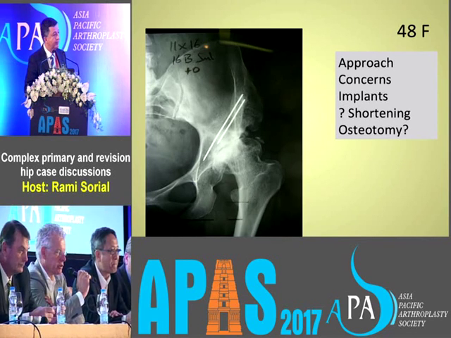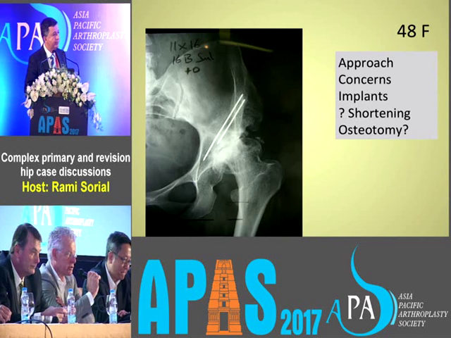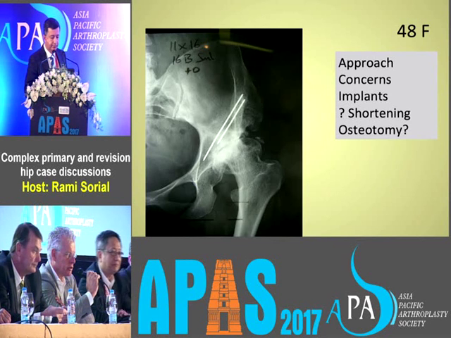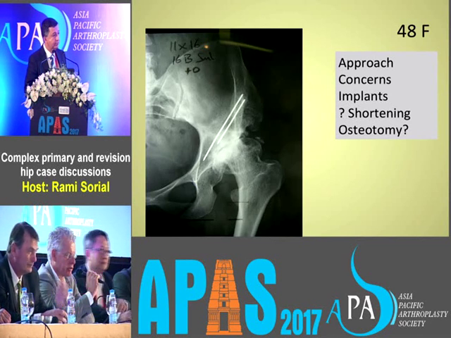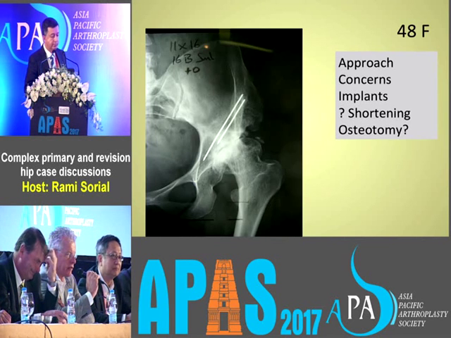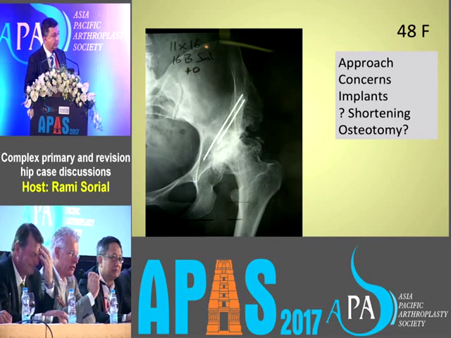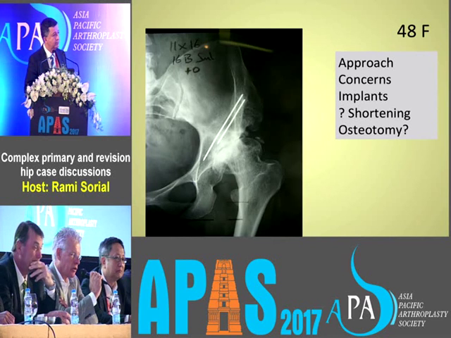I would not consider a shortening osteotomy in this case because it's about 2.5 centimeters. So I think you can solve this leg length discrepancy in a normal way. But if I go more than 3.5 centimeters, I always consider shortening osteotomy.